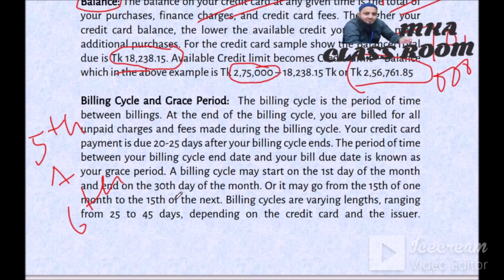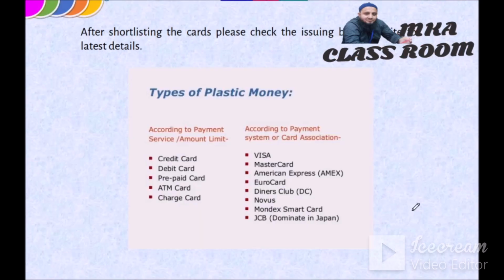Now you can compare which card is better or which company is better for using this. There are several software programs online, and you can use one of them to compare your credit cards. And lastly, we will see that according to the payment system or card associations, there are several card associations: Visa, MasterCard, American Express or Amex, Eurocard, Diners Club, Novus, Mondex Smart Card, JCB, which dominates in Japan.